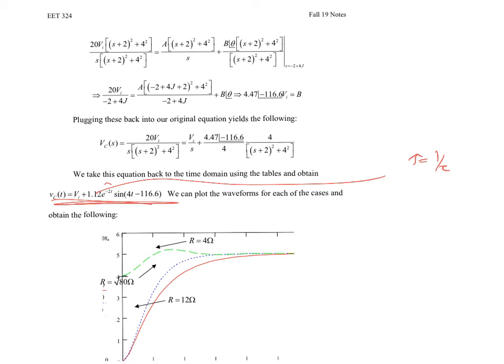But why would we rather go with that than the other case? Well, take a look. It actually gets to steady state, or pretty close to steady state, if you look at the green, faster than it takes for the red, because the sine wave is overshooting and undershooting, but it's getting there faster. So if you work in the process control industry, paper mills, pulp and paper, whatever you want, you almost always want an underdamped system, and the underdamped system is going to give you the fastest response time.